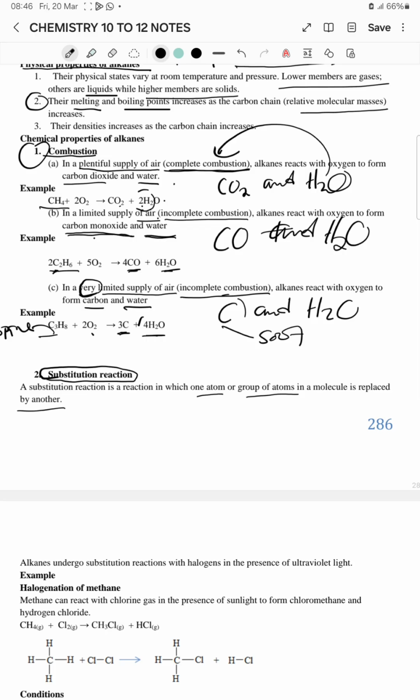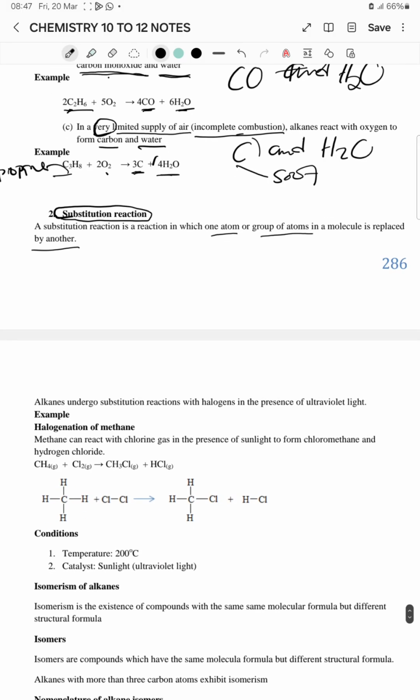Or you can say it's a type of reaction in which the most reactive will displace the least reactive. Now, alkanes undergo substitution reactions with halogens.